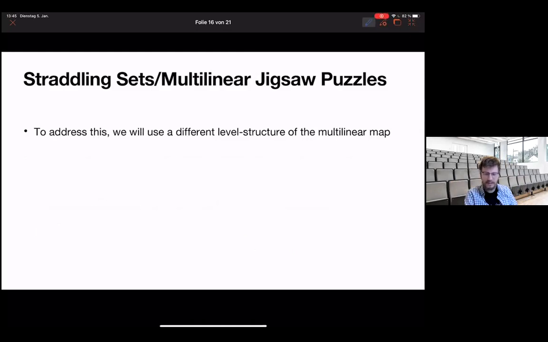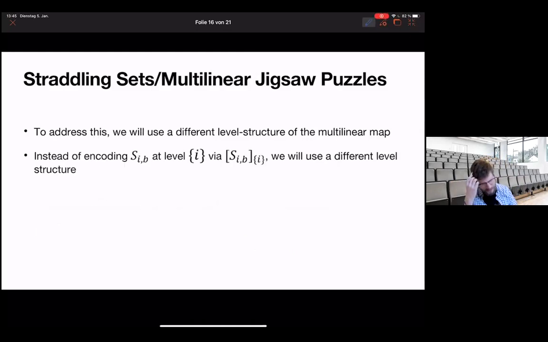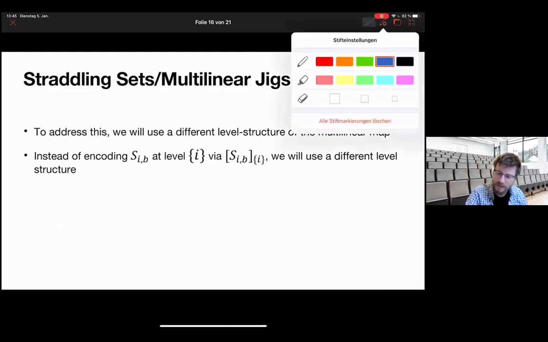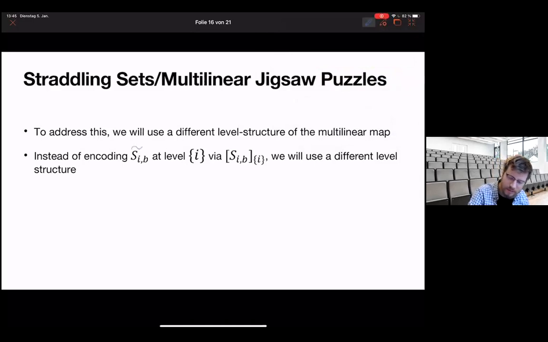We will use the level structure of the multilinear map. Instead of encoding the S_i, we're in fact encoding the S_i tilde, and instead of just naively encoding them at a level which consists of the singleton set {i}, we will use a slightly more sophisticated level structure.